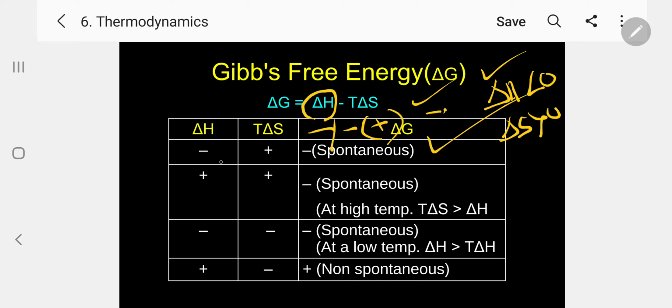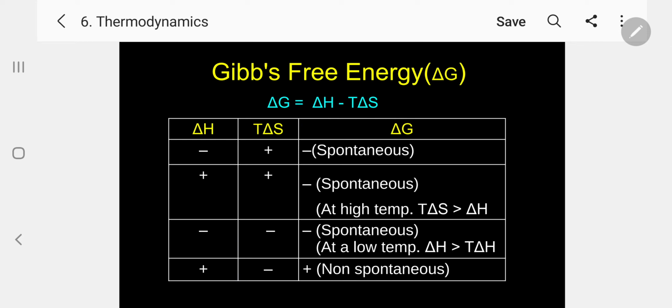The second condition: exothermic I already told you. Suppose it is an endothermic process, what will happen?